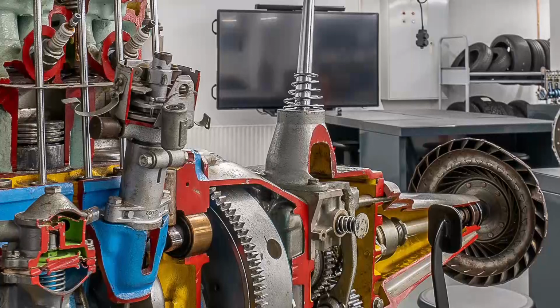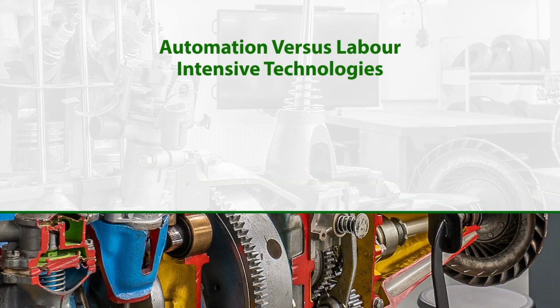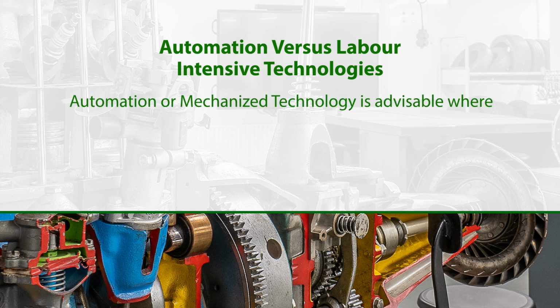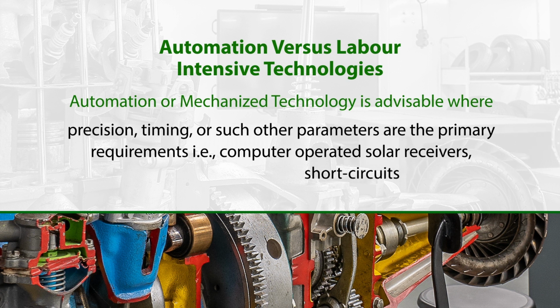The next category of technologies are automation versus labor intensive technology. Now let us see what are these automation and labor intensive technologies. Automation or mechanized technology, as we call it, is advisable where we require precision, like a robotic arm, and where there is need of exact and proper timing or any other such parameters where the primary requirements are of precision.